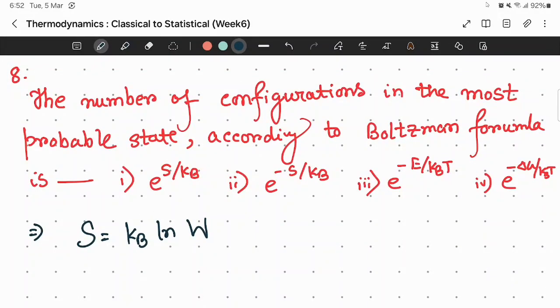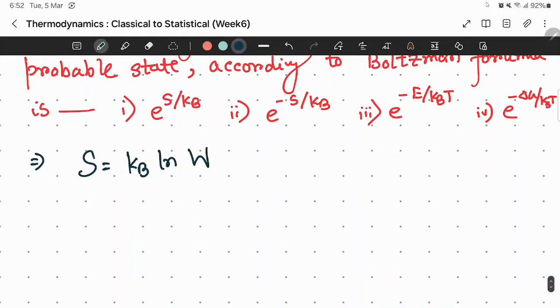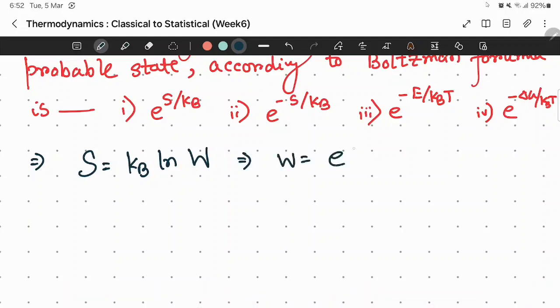That is, we have to find out the number of configurations for the most probable state, obviously. This entropy is the entropy for the most probable state, so you can directly write W is e to the power S by KB, of the negative.